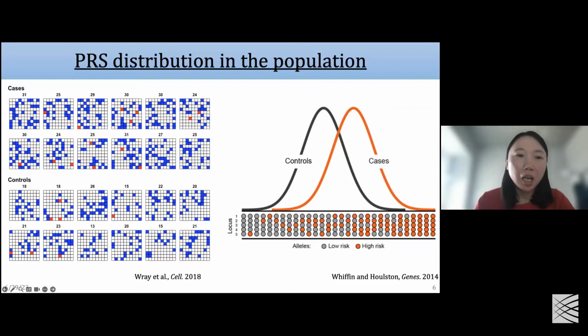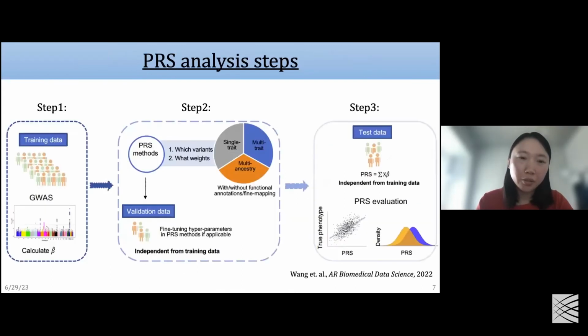Knowing the distribution in the population, we are wondering how we can run PRS analysis. The steps are quite simple. As we just mentioned, it starts from GWAS. We perform GWAS in the training population to get the estimated effect sizes. Due to technical issues such as the limited sample size of the GWAS, the effect sizes are always estimated with errors and may suffer from winner's curse and other issues.